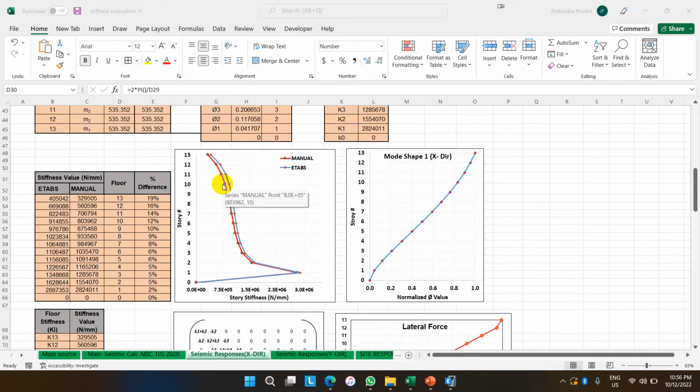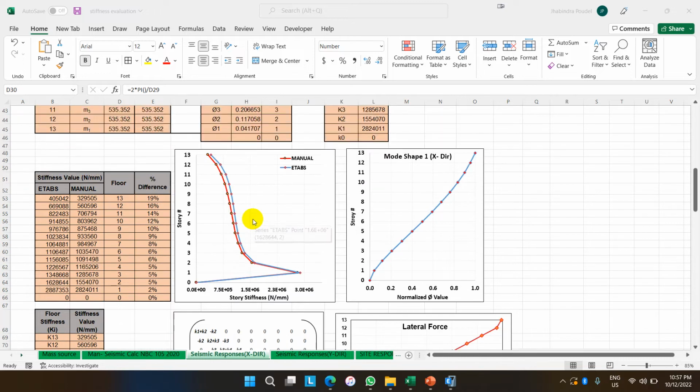As we know that ETABS is finite element software, and the evaluation of story stiffness is based on the finite element method, it is reasonable to say that the manual calculation of story stiffness is slightly lower than the stiffness value obtained in the finite element software.